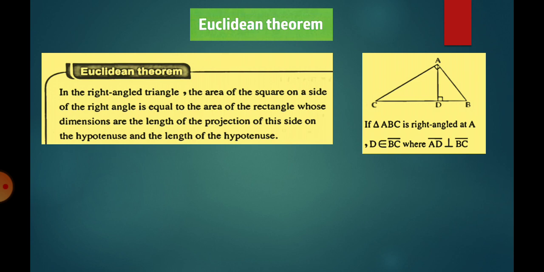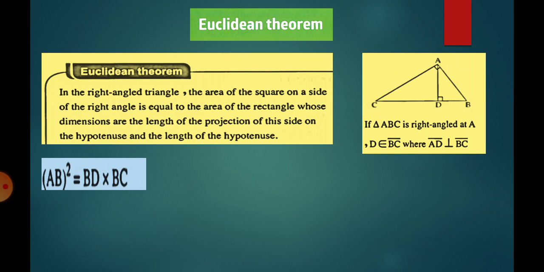So AB power 2 equals BD times BC. AC power 2 equals CD times CB. What about AD? AD power 2 equals DB times DC, because D belongs to BC.